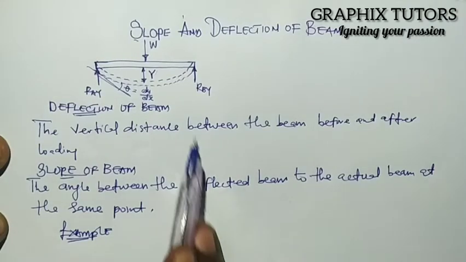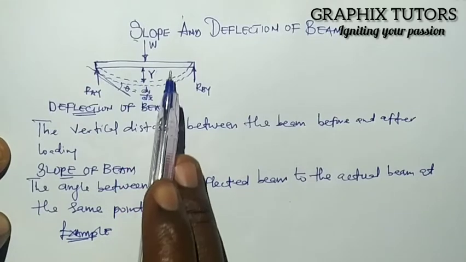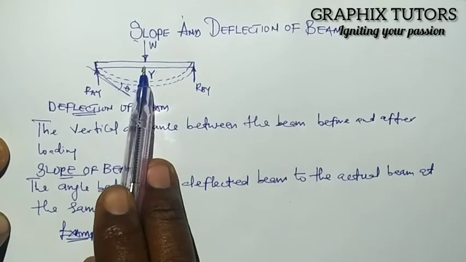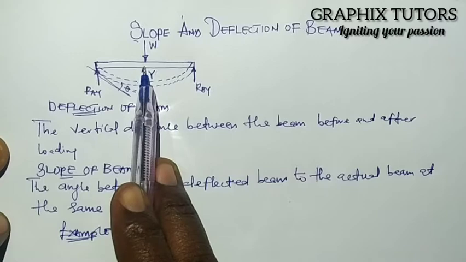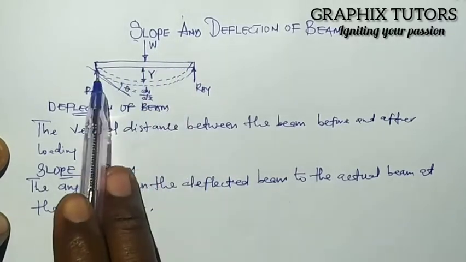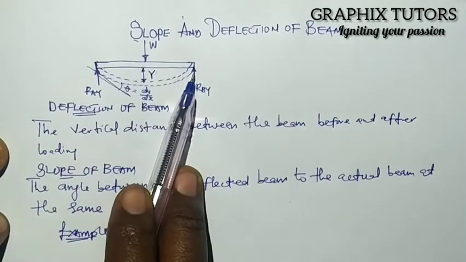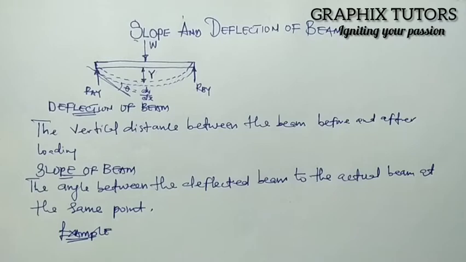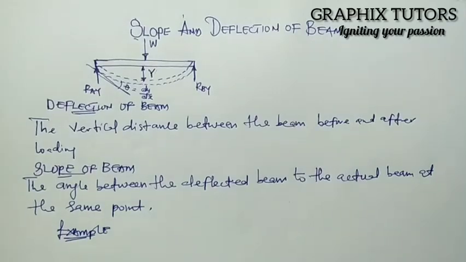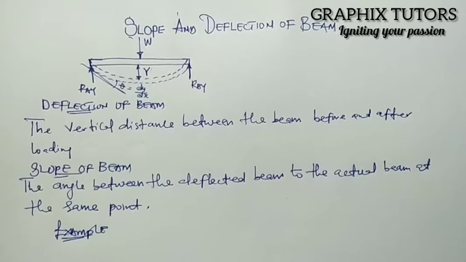We know very well that the deflection of a beam is maximum at half the distance of the beam, and we know the slope is maximum at the beginning and at the ending of the beam. As we solve examples, I will expose you to some of these boundary conditions.